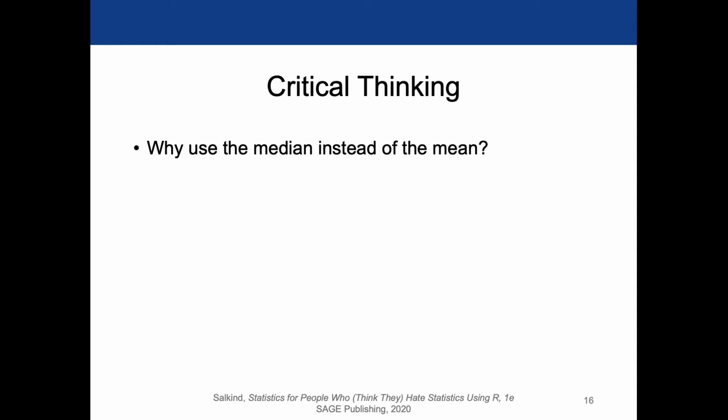All right, and so we already touched on this before, but why would you use the median instead of the mean? If you had a really extreme person who's really, really weird for some reason on your variable, then you want to use the median. It gives you a more accurate depiction. Net worth is a classic example.